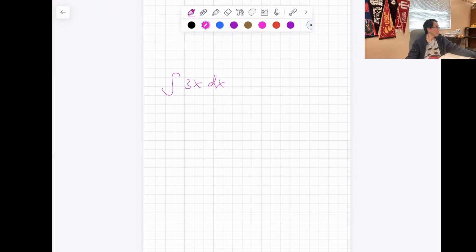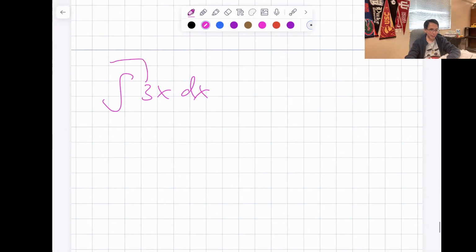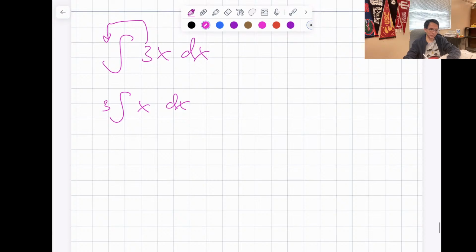Three over two, 3x squared plus constant. So what you can do is take the 3 outside, it makes it easier to see. So that's 3 times the integral of x dx. This is a 1, right? So it'd be 3 times x squared over 2 plus c.